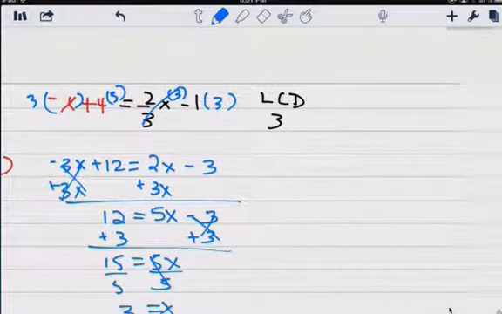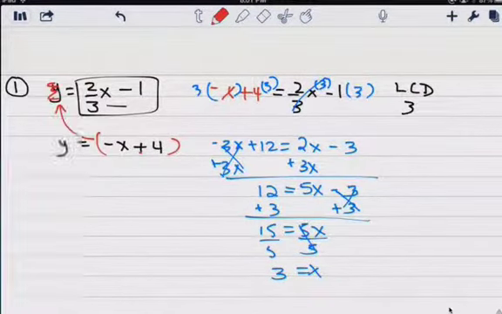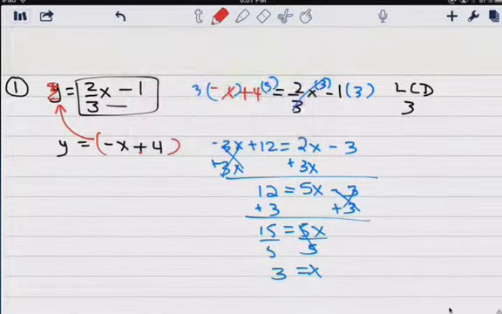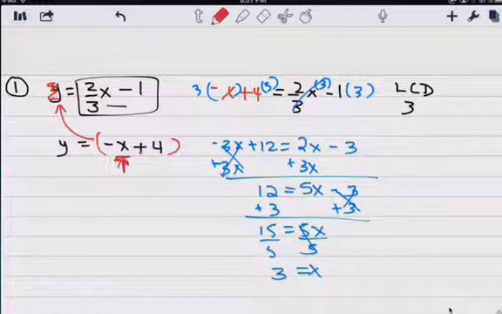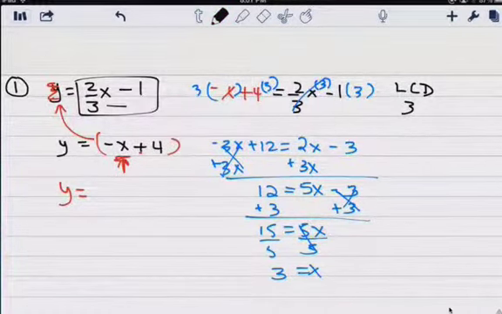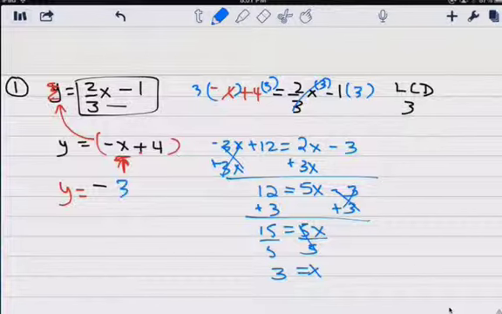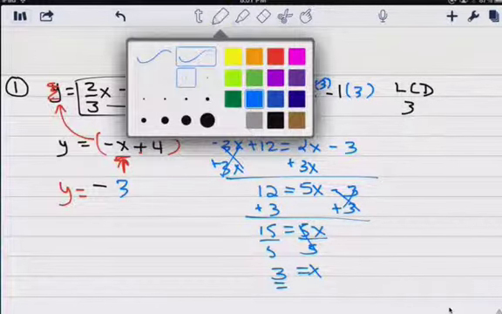If x is equal to 3, to find y you have to substitute the 3 into here. So you get y equals negative x, so instead of x you put a 3 there, plus the 4.